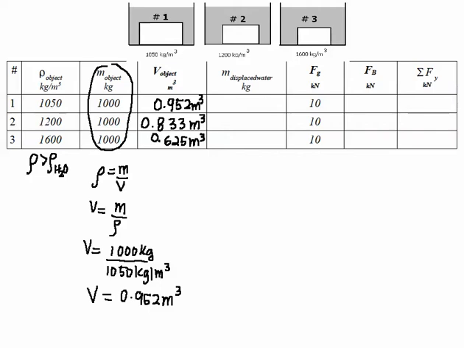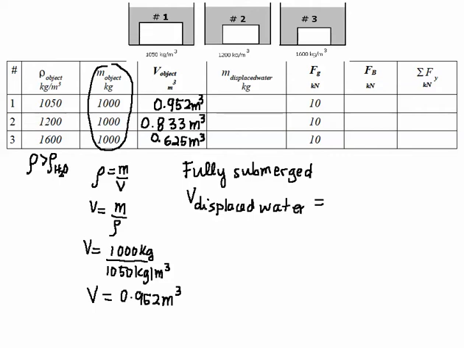Now, how much water was displaced by the object? Here the objects are fully submerged. So the volume of displaced water is the total volume of the object.